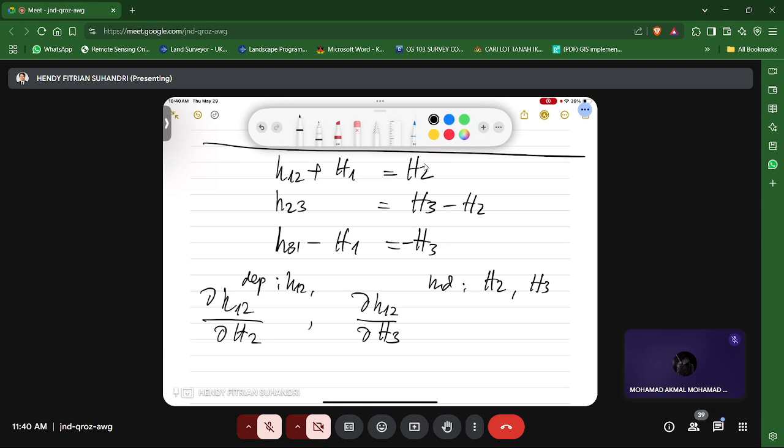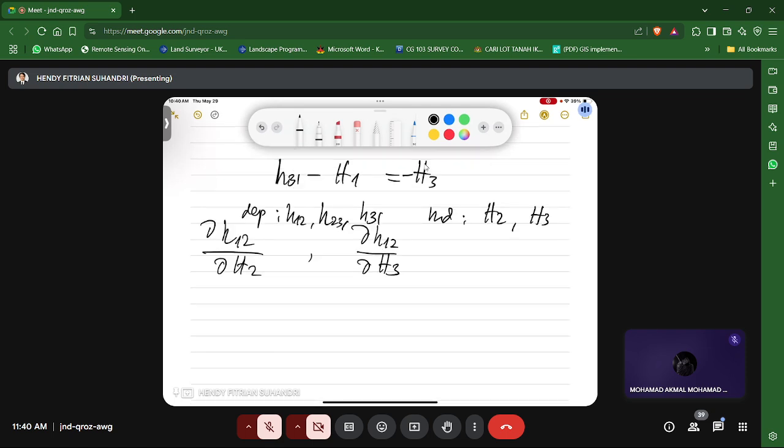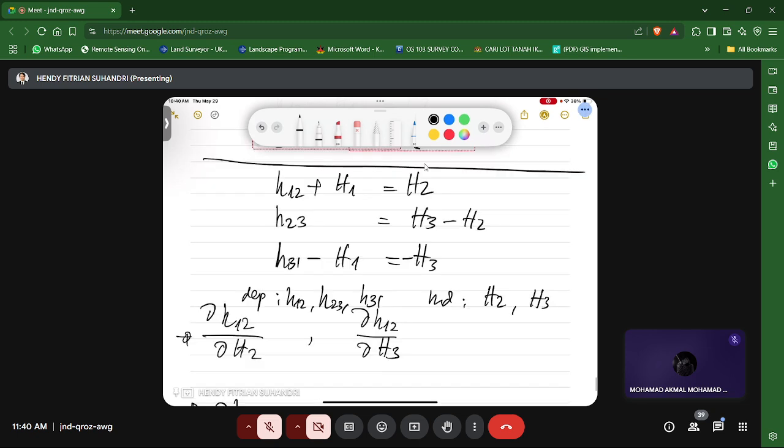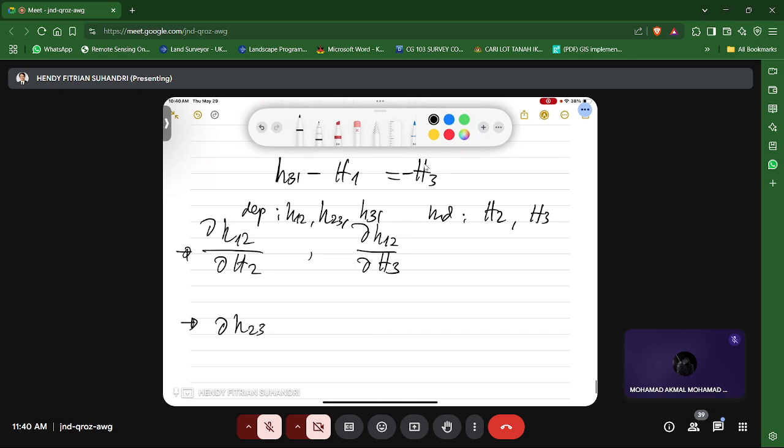H12 itu adalah cerapan kita, H31. So ini untuk row yang pertama. Untuk row yang kedua, do H23 diturunkan terhadap do H2 dan diturunkan terhadap do H3 juga.